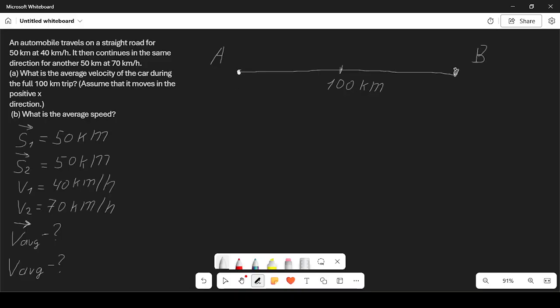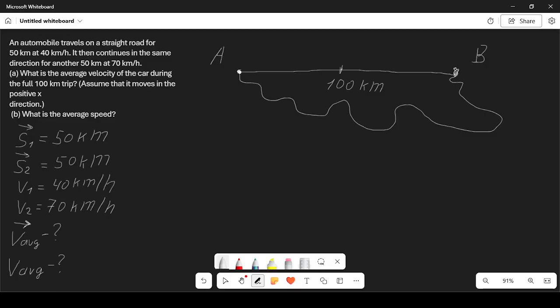In our case, it's actually not much difference, but let's suppose that our automobile moves from point A to point B not by this straight road, but by this trajectory, like this, like this.